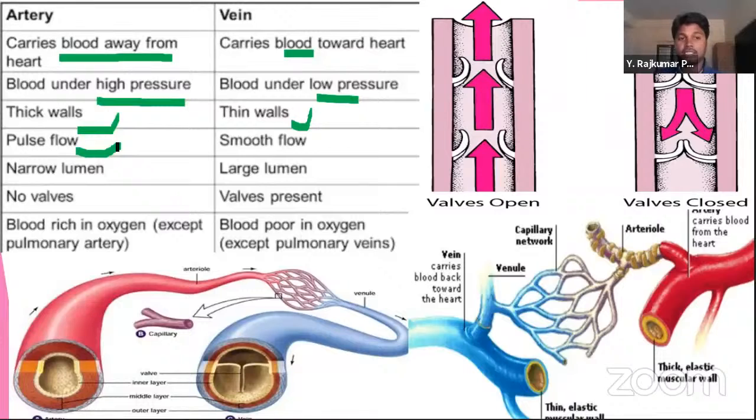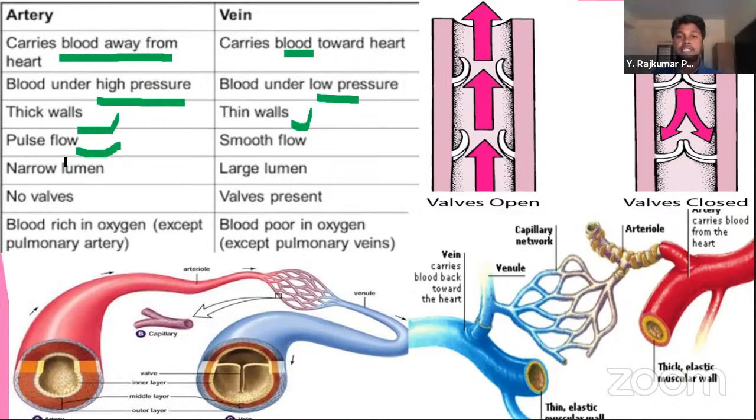The arteries have pulse flow because whenever the heart pumps, the blood comes to the arteries, and from these arteries blood flows through, and it flows the way the tides move. As you see the tides in the ocean, in the same manner blood flows and stops in the artery.